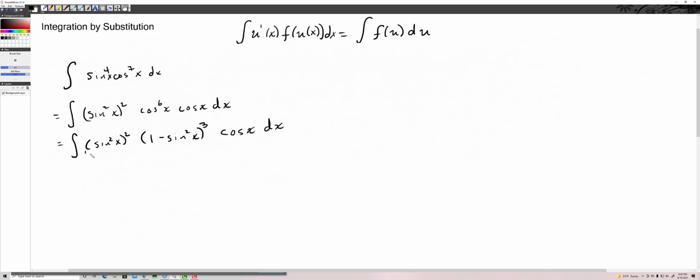Okay, so here we go. This is our function now. F of u is u to the fourth times 1 minus u squared cubed. U is going to be sine of x, and du, as before, is going to be cosine x dx.